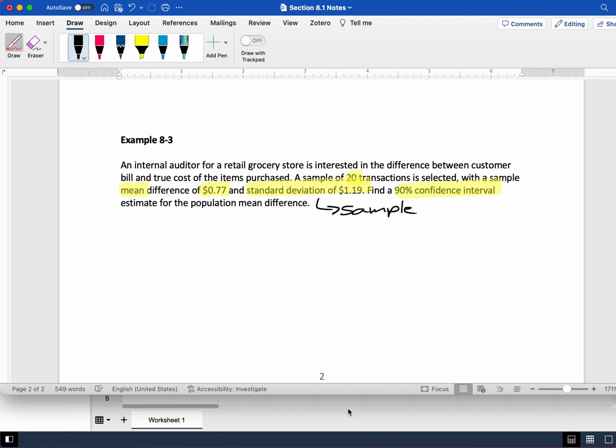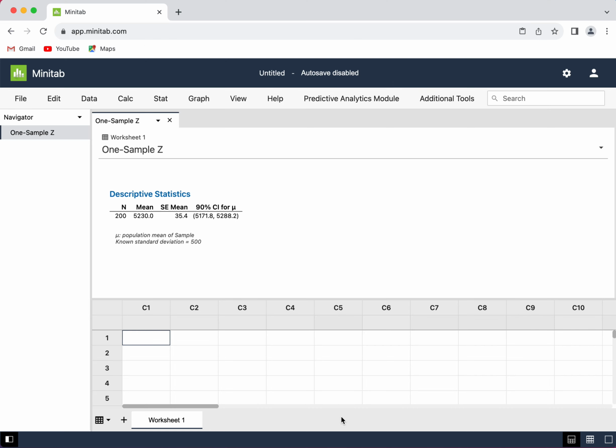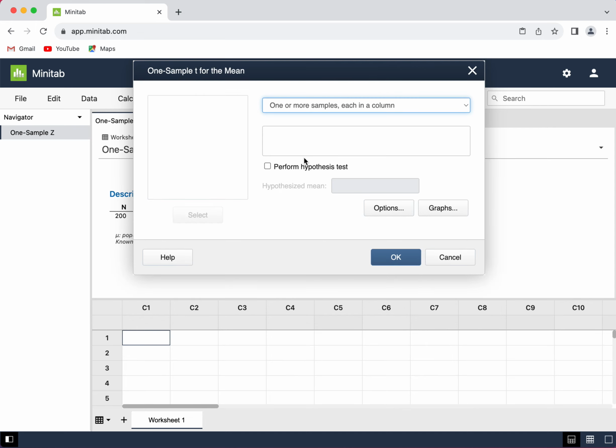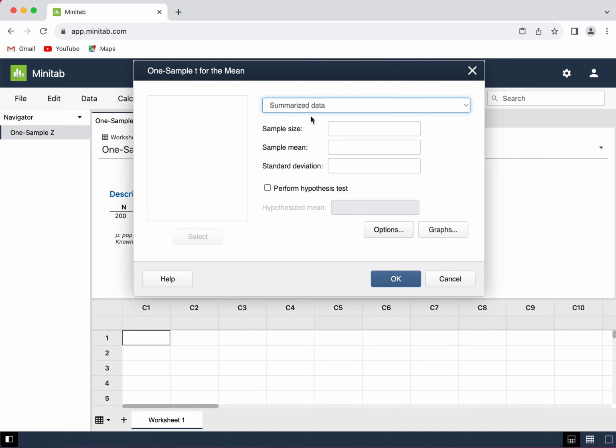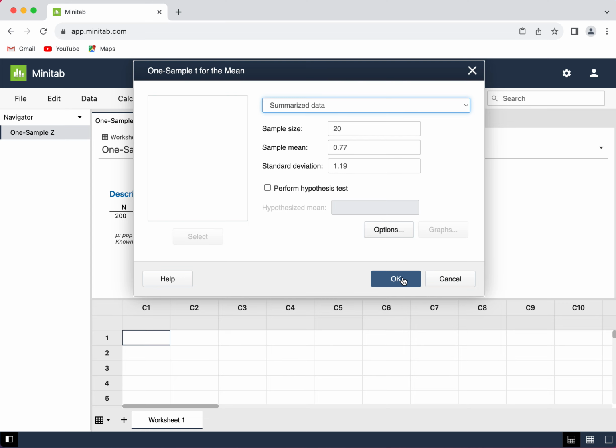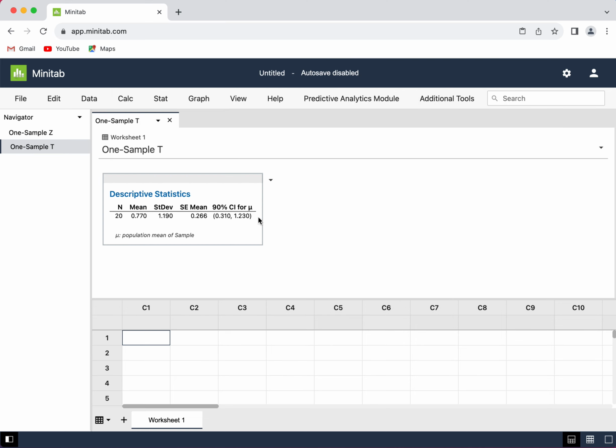So I'm going to go back to Minitab here. Now, since I'm using sample standard deviation, that means that I'm going to use one sample T. Again, switch to summarize data. Enter my sample size, sample mean, and standard deviation. Click on options and enter my confidence level. All right, and here are my results.